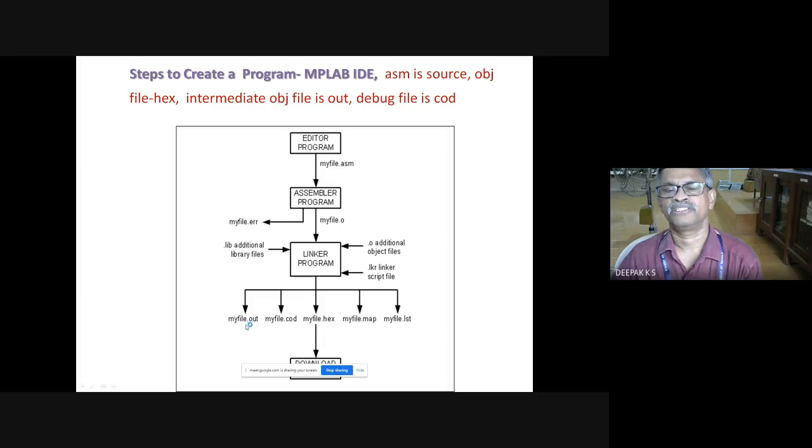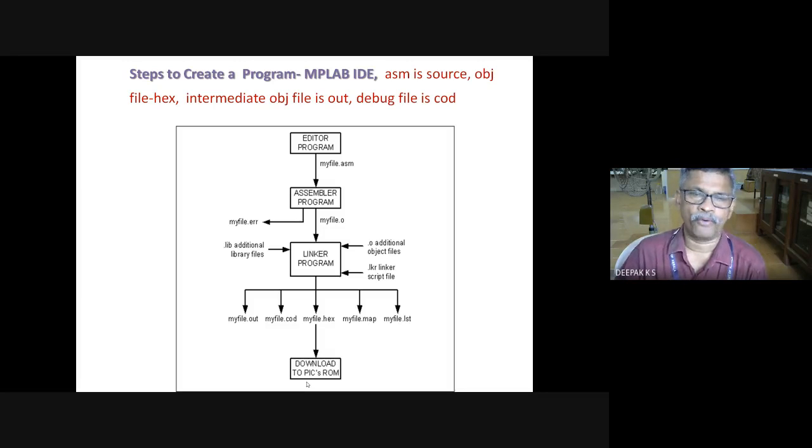Okay, so this is the out object file. Again, this is a debug file, and there are many other files. So you will come across that later on, and whatever is linked is downloaded to the ROM of the PIC, and it will be there in the ROM.